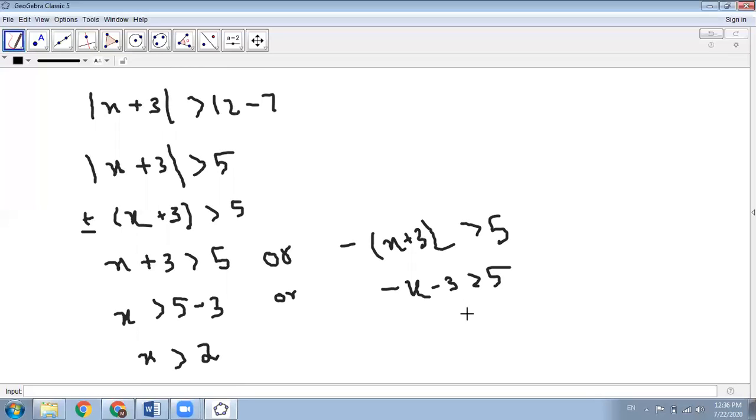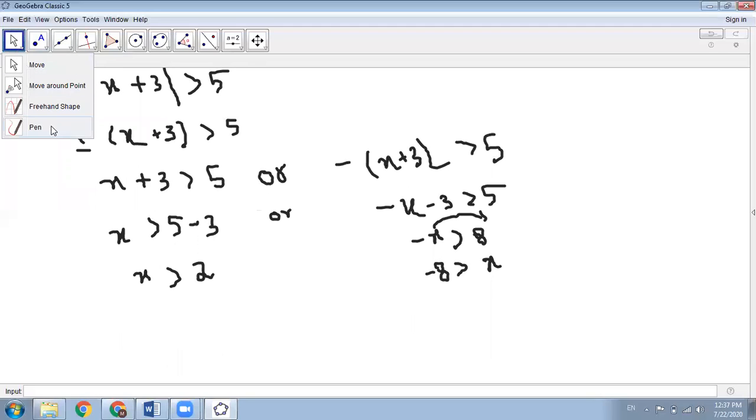We move minus 3 to this side, we get minus x greater than 5 plus 3, it will become 8. And in the last step, as we know, we need positive x, so there should be a positive coefficient of x. So we move this x to this side, so x less than minus 8.